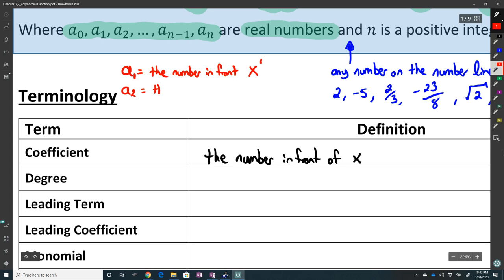A2 is the number in front of x squared. And then again, I can make something up, but a to the n is the number in front of x to the n.